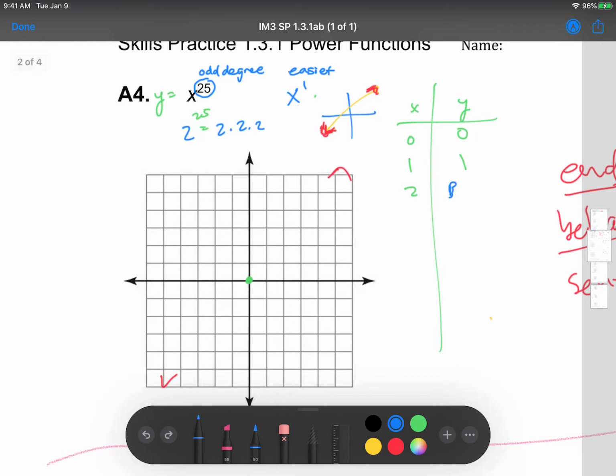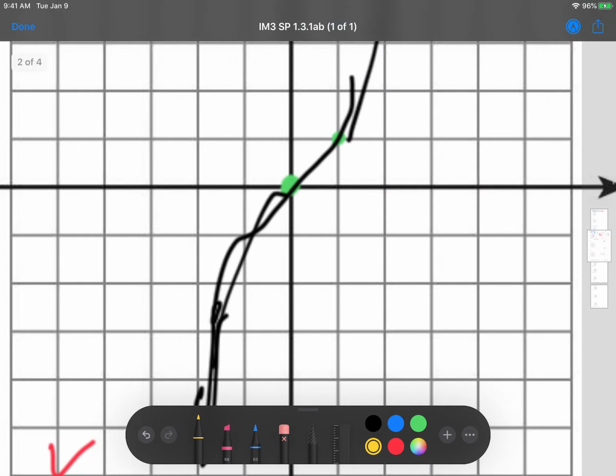Let's try that again. Big number. So let's graph it. 0, 0, right 1, up 1, right 2, something way up there. So our graph probably looks something more like this. And the points of symmetry, let me do that in yellow, is the same thing.